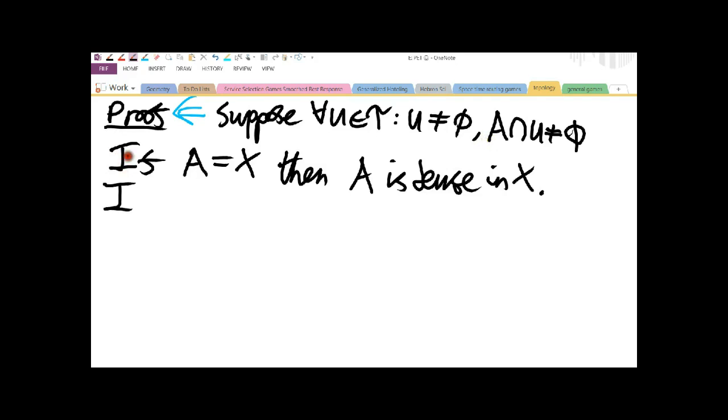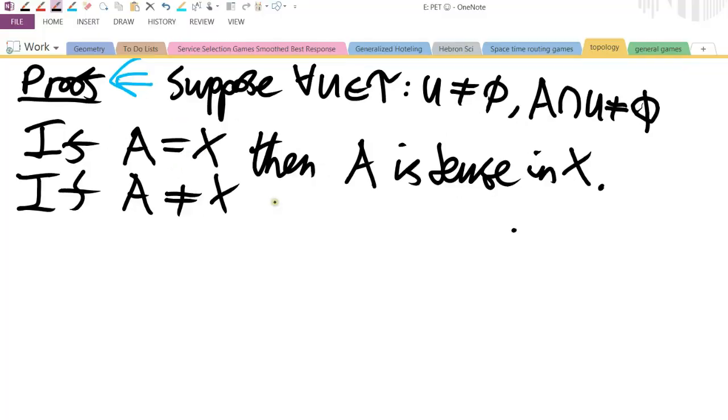So if A does not equal X, what then? In this case, we can choose an element x which is not in A. So it's in X minus A, as I like to say. Now we can also choose an open set which contains this element x.